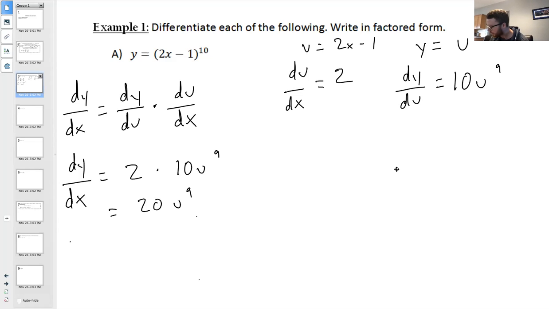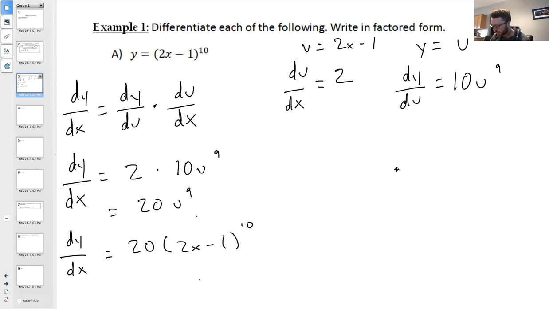So dy over dx is equal to 20 times 2x minus 1 to the 10. Okay, so notice that our variable in here now is x. So if we're taking the derivative of y, this will be with respect to x.